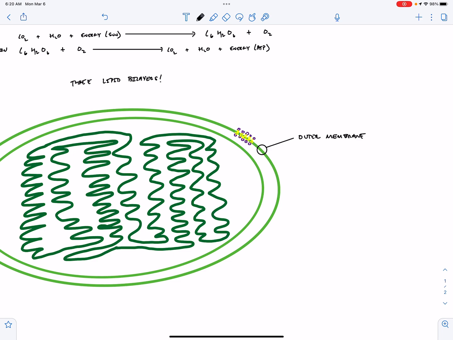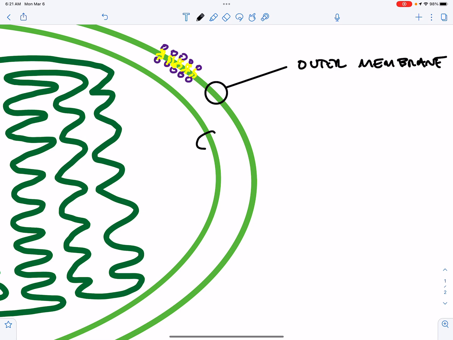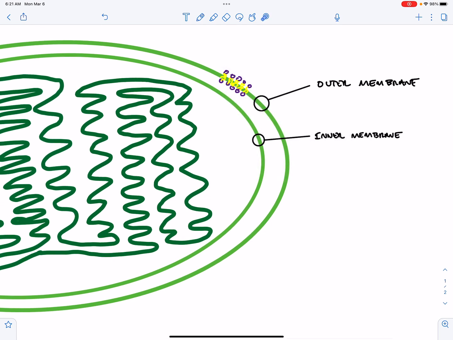Okay, the next lipid bilayer that's just interior to the outer membrane is another membrane called the inner membrane. Just like the outer membrane, it's composed of phosphate heads, tails, heads.